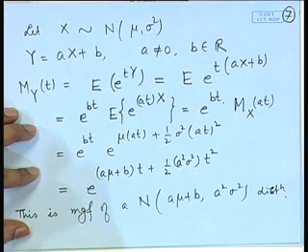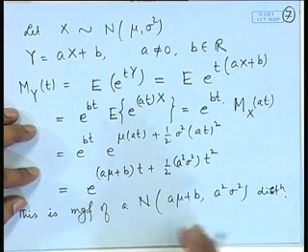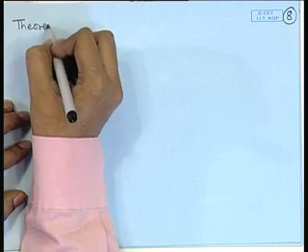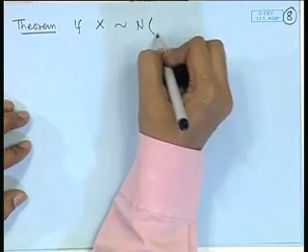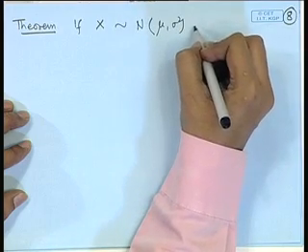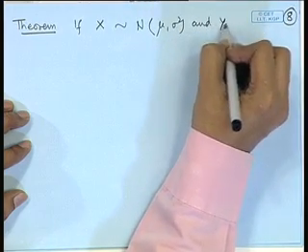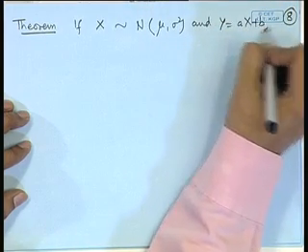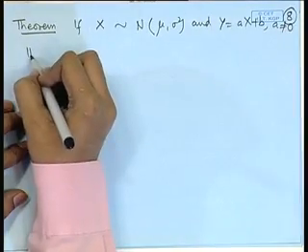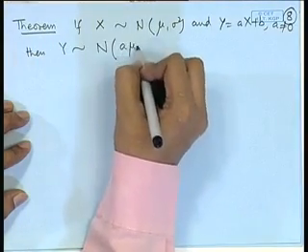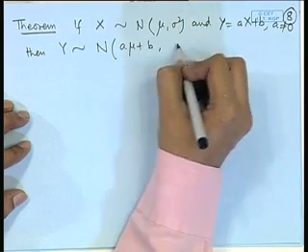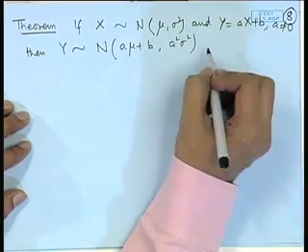So, by the uniqueness property of the moment generating function, we have proved that if X follows normal(mu, sigma square) and Y is equal to aX plus b, where a is not 0, then Y is also normally distributed with parameters a mu plus b and a square sigma square.